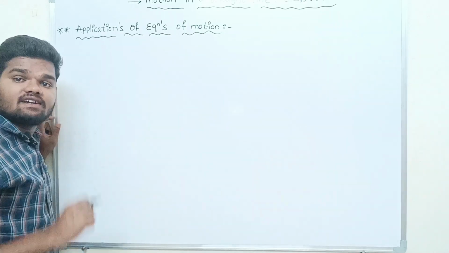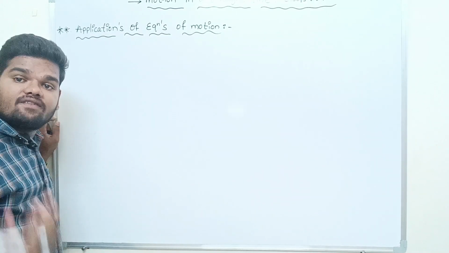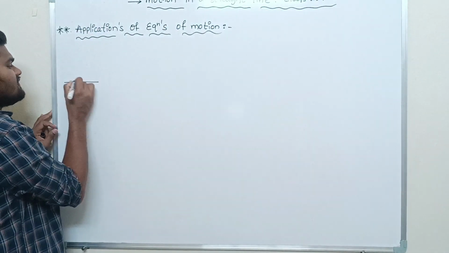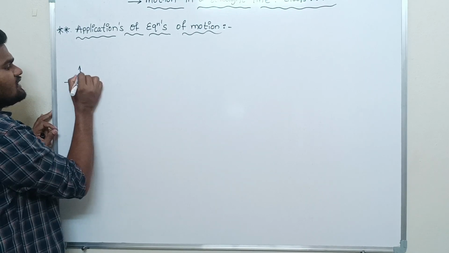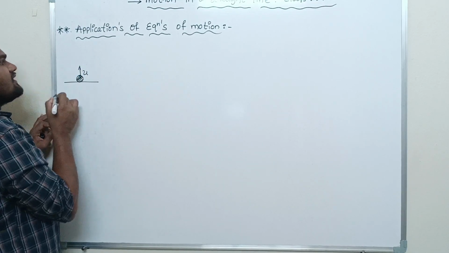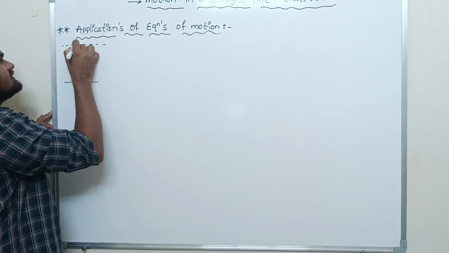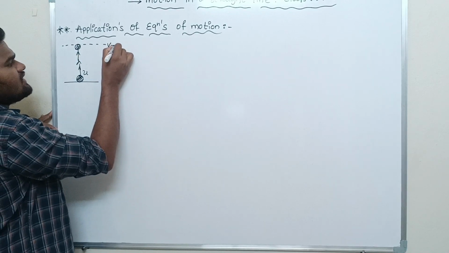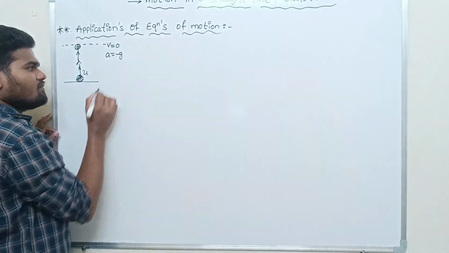So in the previous lecture we discussed equations of motion in the case of a vertically projected body and a freely falling body. Whenever the object is projected vertically upward, it must have some initial velocity u. After it reaches the maximum height, the final velocity of the object is 0, and the acceleration due to gravity is equal to minus g.